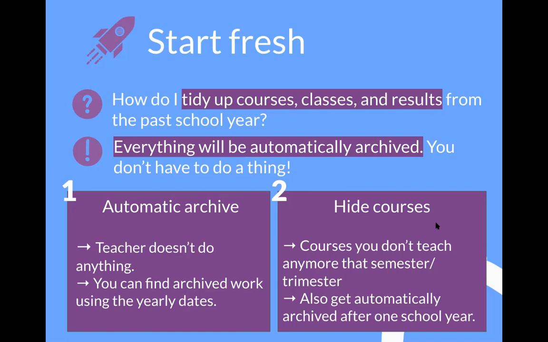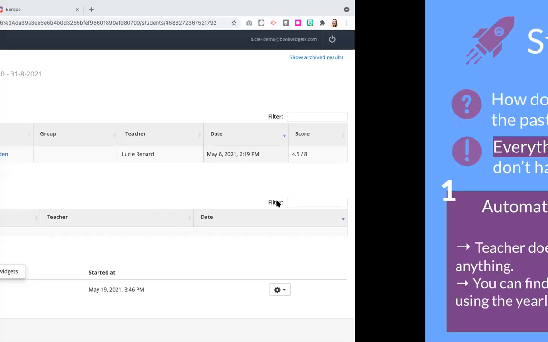For example, if you have a course in the first semester of the school year, but then in the second semester you don't teach that course anymore, but it's still in your list, you can hide the courses and you can unhide it, of course, as well. And after 1 year, it will be automatically archived with the complete school year and all the courses and all the student work. Let me show you where you can find the automatic archive and hide courses.